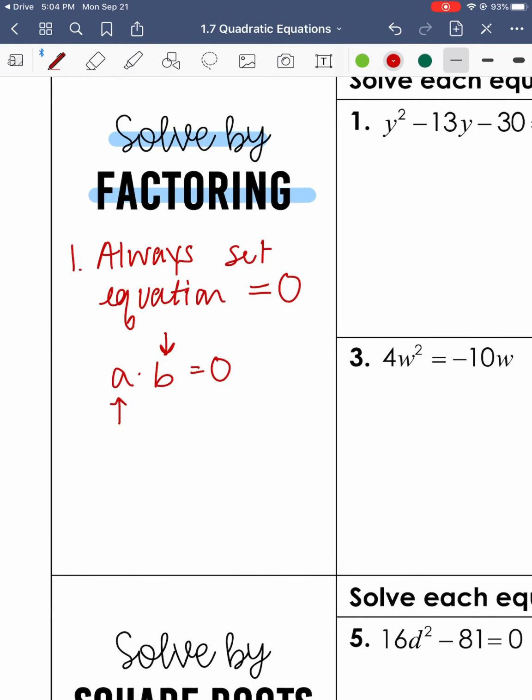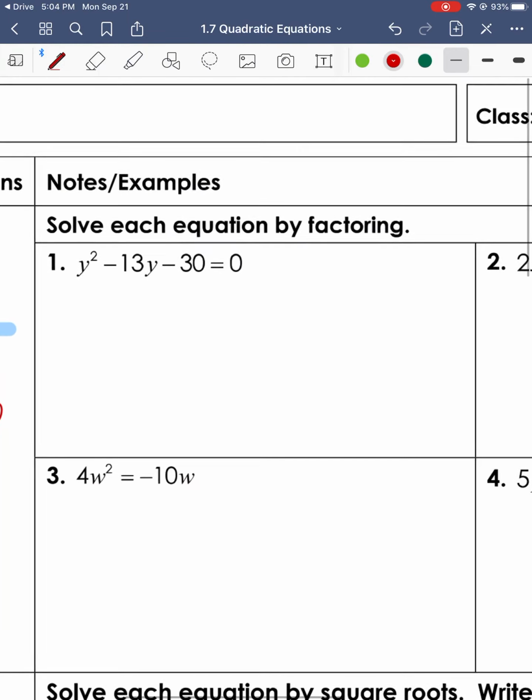Then we can set each of them individually equal to 0, and say, if this value of x makes a factor equal to 0, then the whole equation will equal 0. Okay, and that's what we're after here.